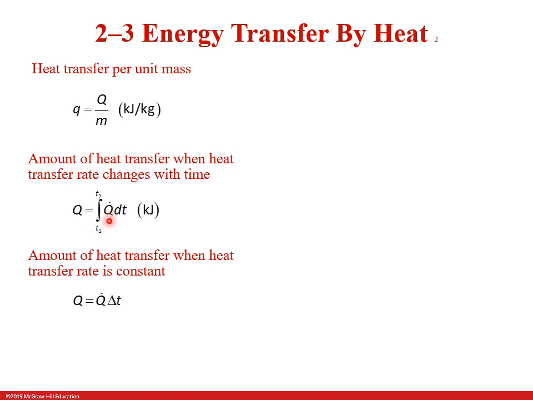As the temperature difference closes, as it gets smaller, this rate of heat transfer is going to drop. So you see that the Q is an integral over time, because Q dot may be dependent on time. Well, it's definitely dependent on temperature, and temperature is dependent on time. So when heat transfer is constant, you can just pull this out of the integral. It's just Q dot dt.